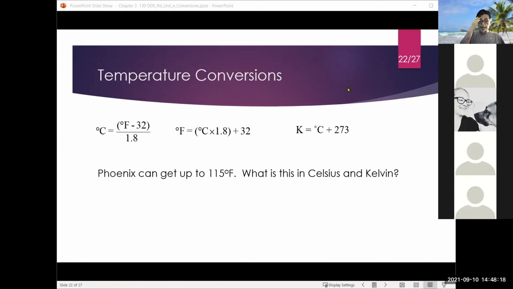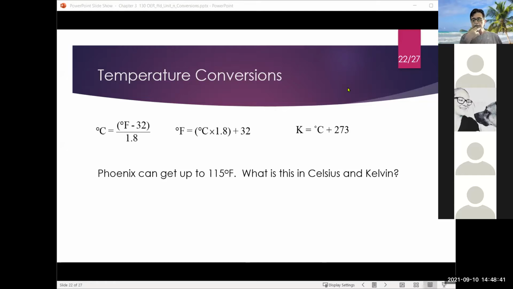But very straightforward is the first equation. If you are in Fahrenheit and you need to go to Celsius, you simply subtract 32 and then you divide by 1.8. If you are in Celsius and you want to go to Fahrenheit, multiply your Celsius by 1.8 and then add 32.